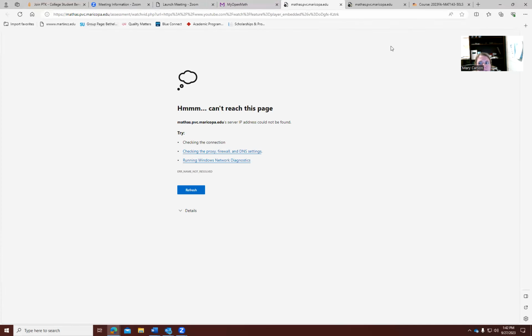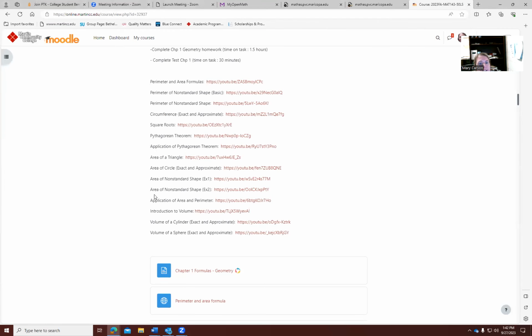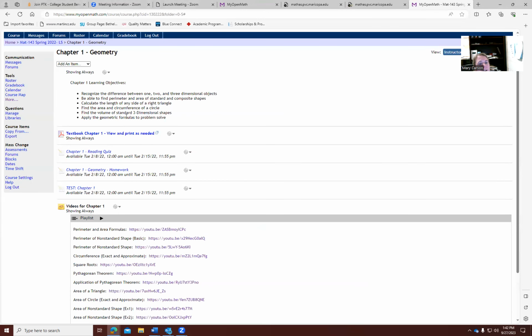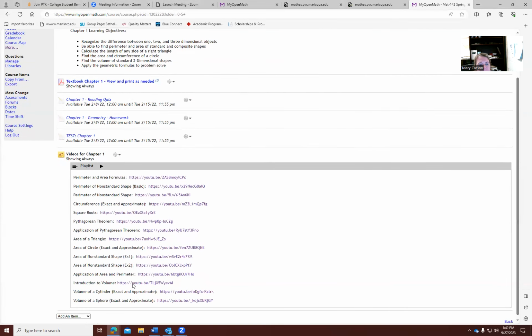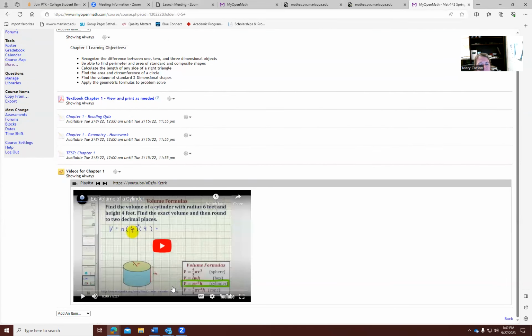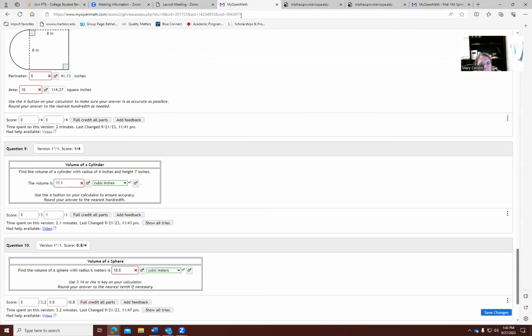We can look at the volume of a cylinder on here. And notice, here's the formula: it's pi r squared times your height. Pi times r squared times height.